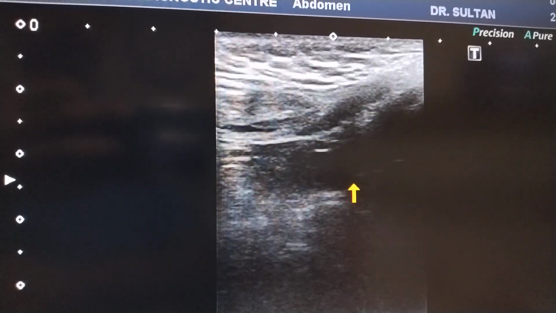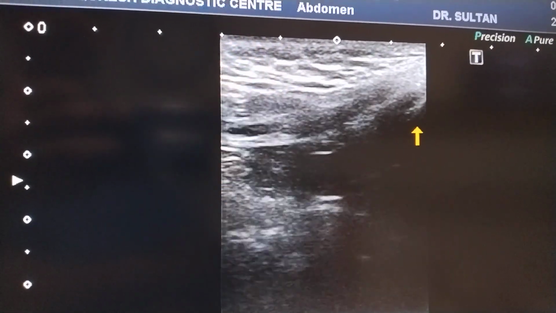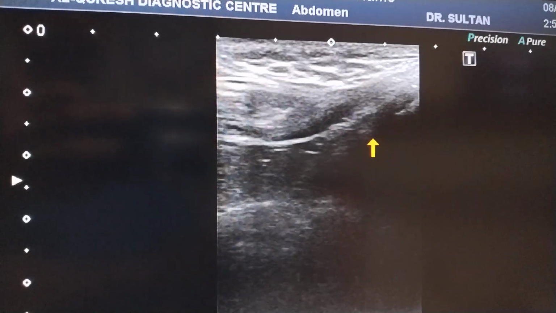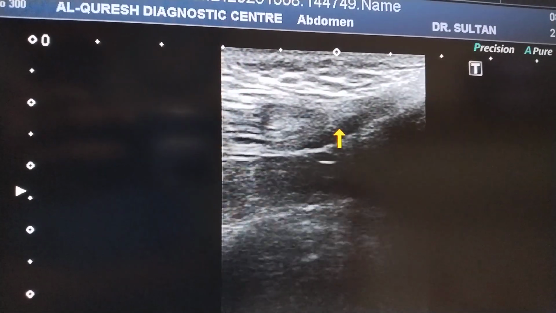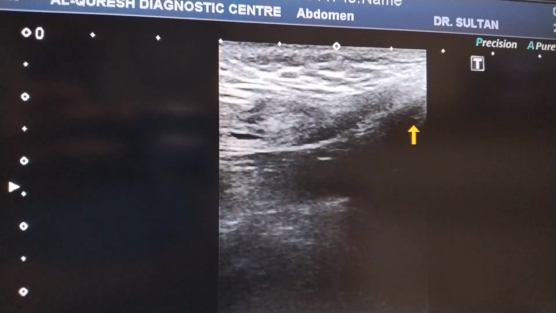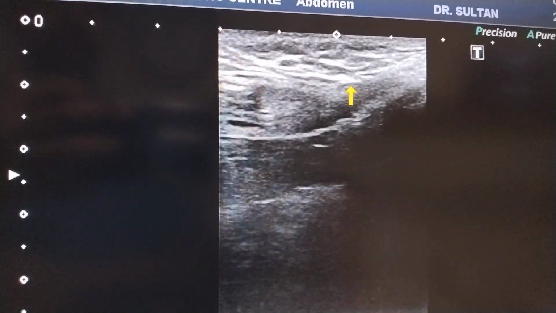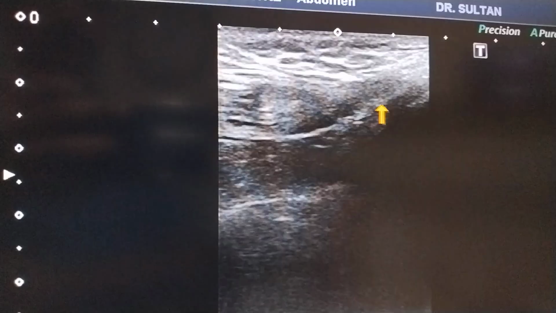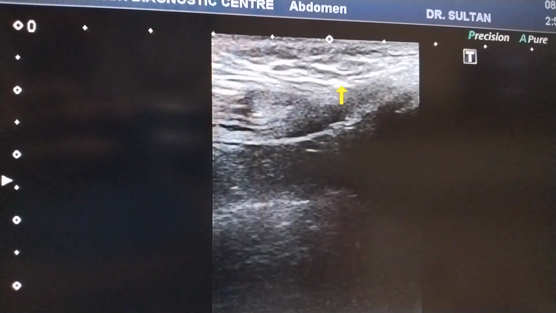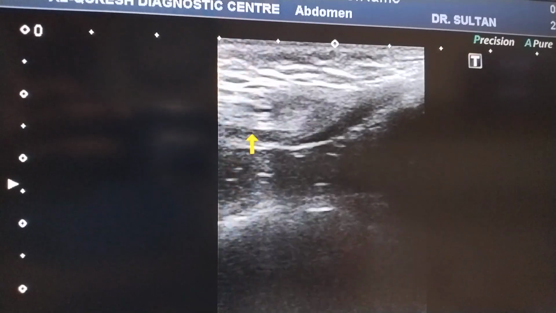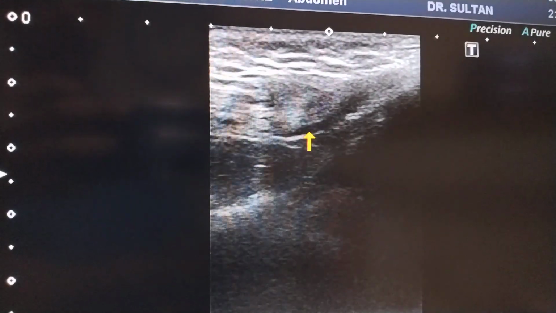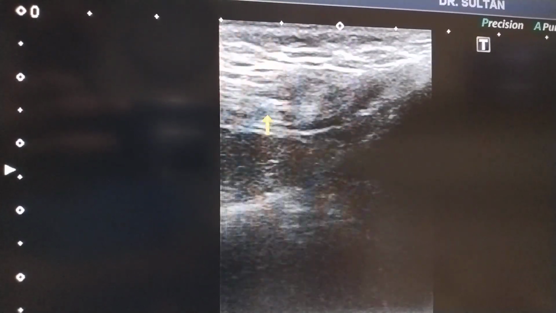When I reach there, where the tubercle is hardly visualized, I see the inguinal canal. This is the point of the superficial inguinal ring. From here to here is the boundary, and this is the inguinal canal, this is the posterior wall, and this is the anterior wall.